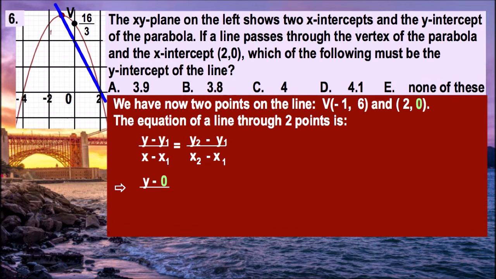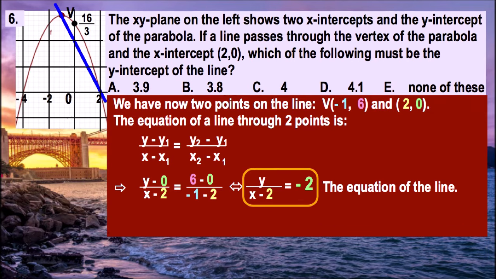So let's get to plugging in. Therefore, y minus 0 over x minus 2 equals 6 minus 0 over negative 1 minus 2. This is equivalent to y over x minus 2 equals 6 over negative 3, which equals negative 2.